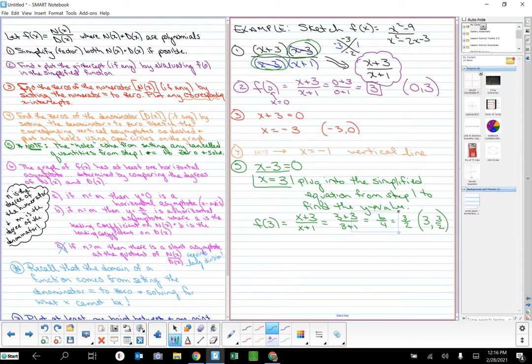Number 6 is pink. Graph of f of x, so here's where our horizontal asymptote comes into play. Now we're looking at the degrees of the numerator and denominator. Skipping back to this screen, the degrees of our original numerator and denominator are both 1.